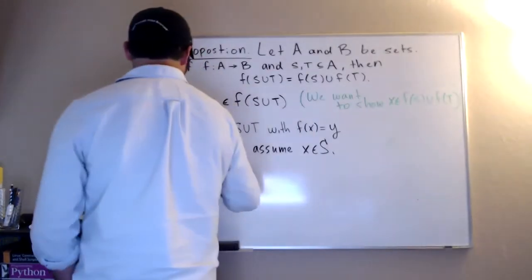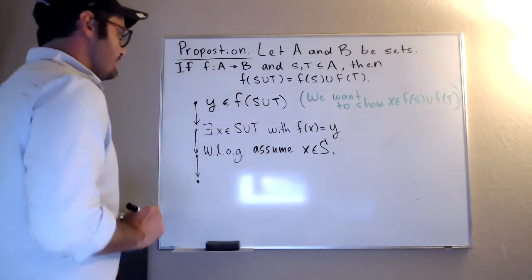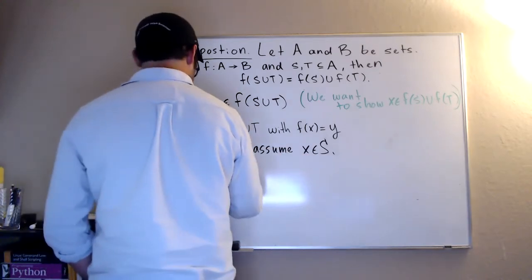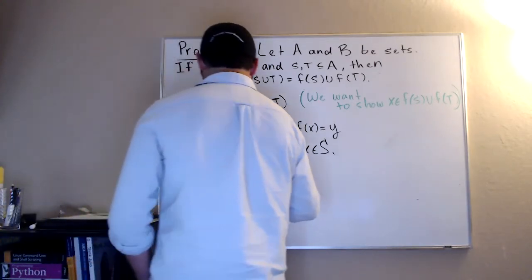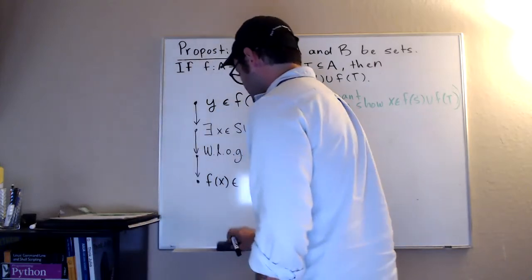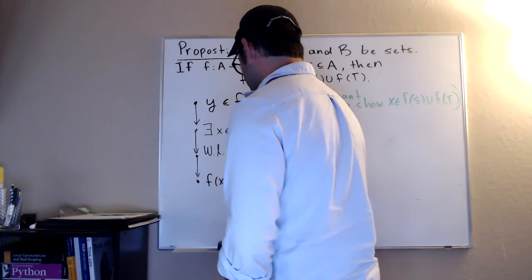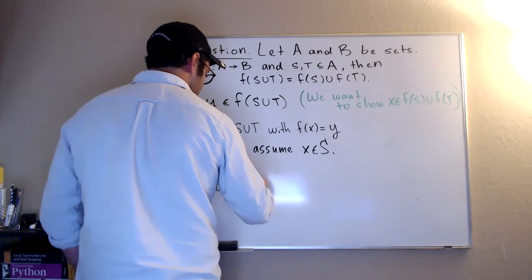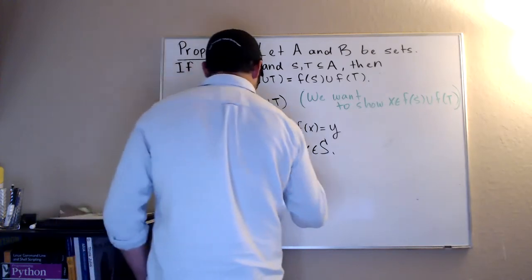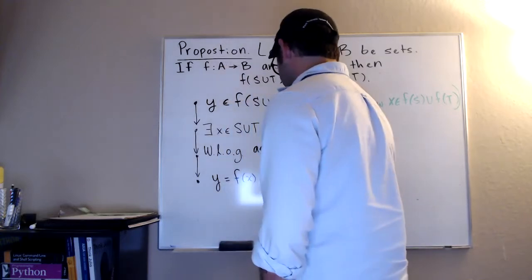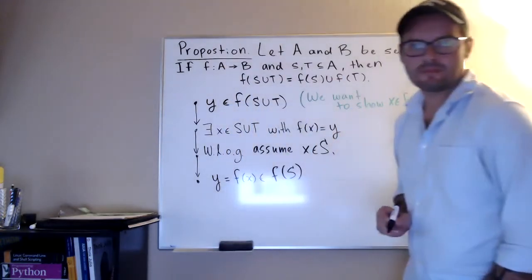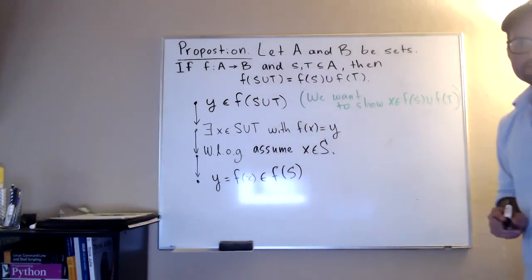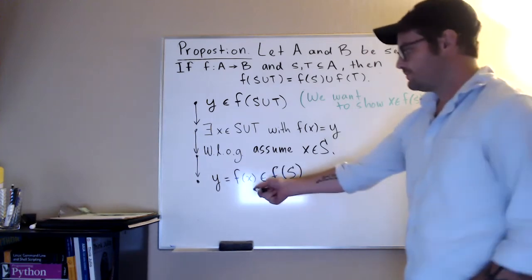So then, if X is in S, then the image of X better be an element of the image of S. So that means that f of X is an element of the image of S. I'll write this as y equals that, but that must be an element of the image of S. Okay?